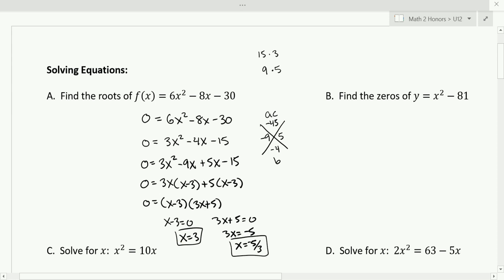We get two answers. x equals 3, x equals negative 5/3.